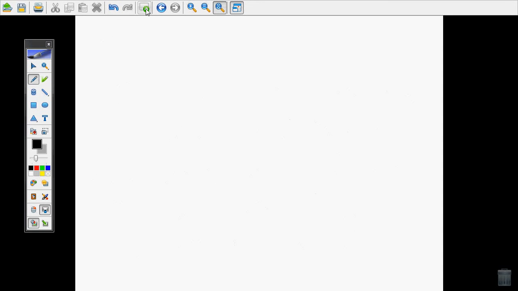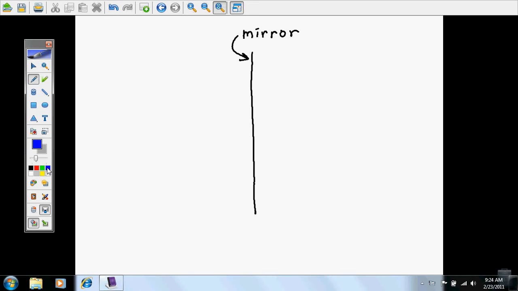If I have a flat mirror, and let's say this side right on here is the smooth side, and let's say I have a person out in front striking a pose.